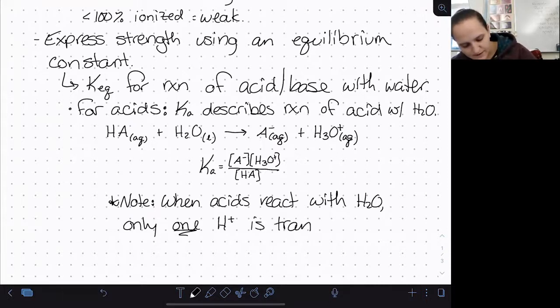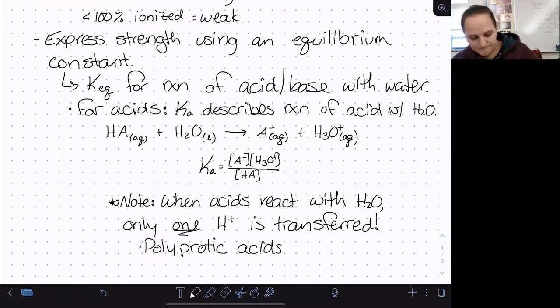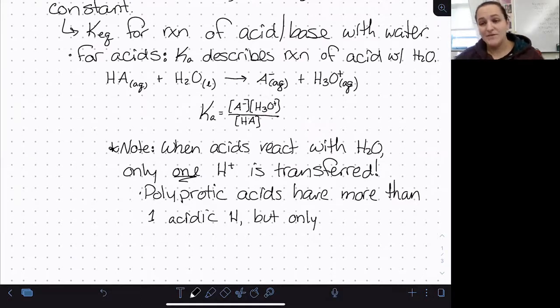So if your acid has more than one acidic proton, if it is what we call a polyprotic acid, poly for more than one, protic for protons or acidic hydrogens, so polyprotic acids have more than one acidic hydrogen, but only one transfers at a time. Essentially, each acidic hydrogen has its own Ka value.